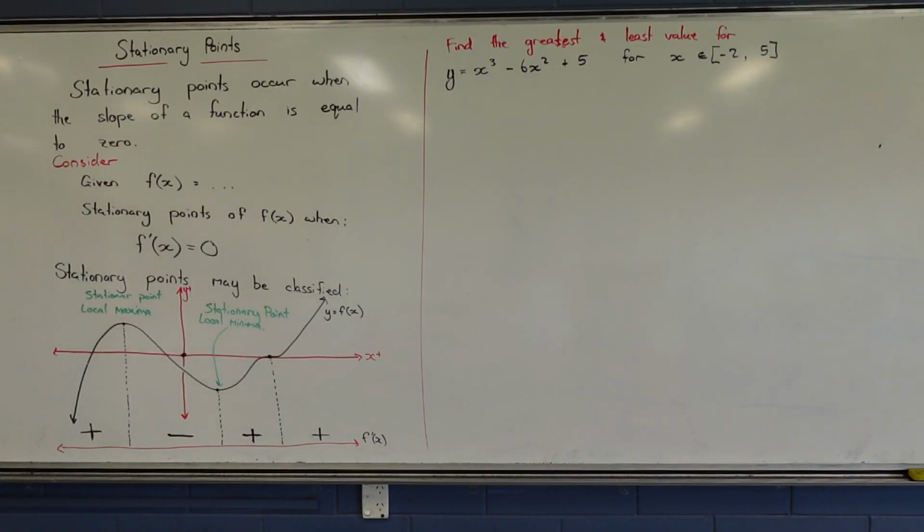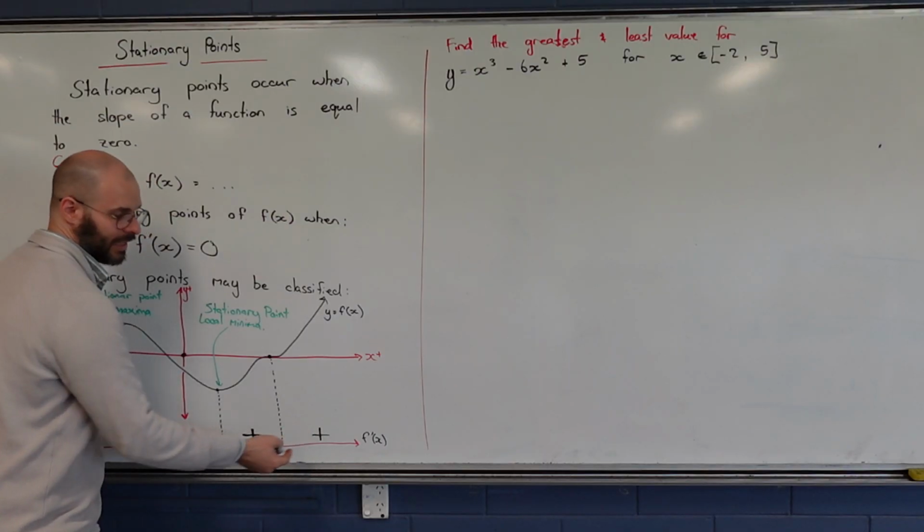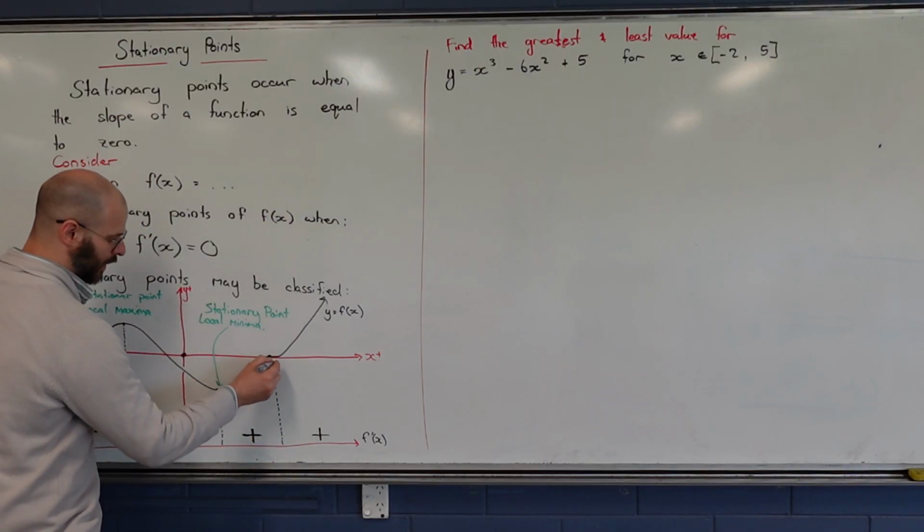Now there's one more stationary point here. It is occurring when the graph goes from increasing to increasing. This guy's a special guy.